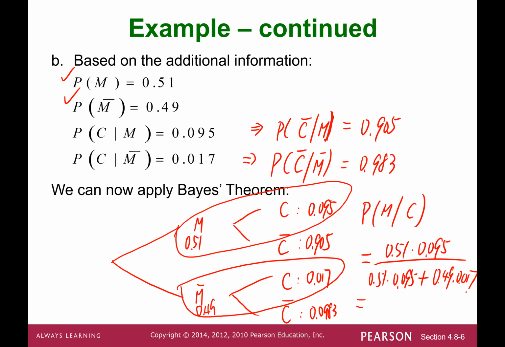So it's 0.51 times 0.095, male who smokes cigars, divided by 0.51 times 0.095 adding 0.49 times 0.017.